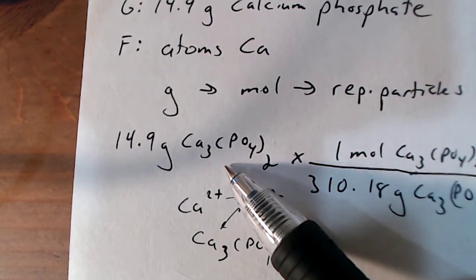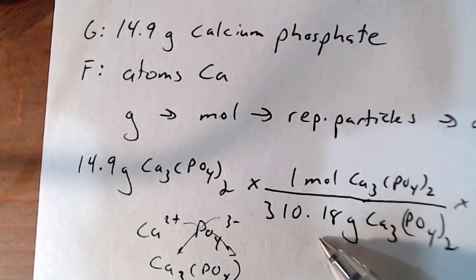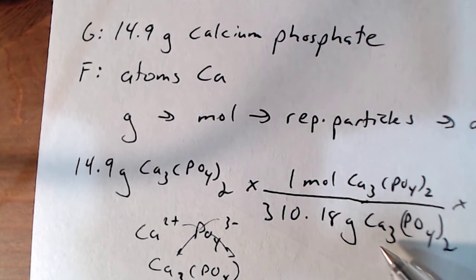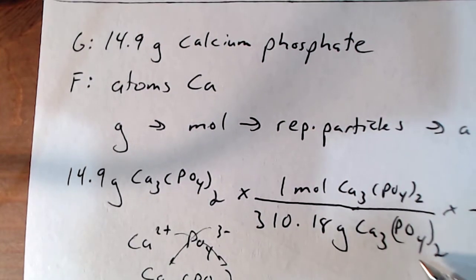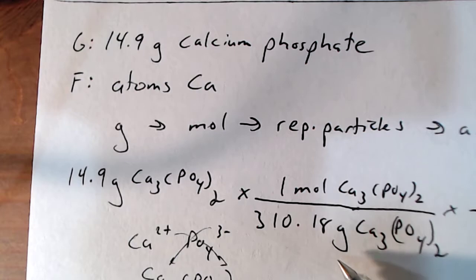So now, to convert from grams of calcium phosphate into moles of calcium phosphate, you need the molar mass of calcium phosphate. On the periodic table, do 3 times 40.08 plus 2 times 30.97 for phosphorus, and 8 times 16.00 for oxygen. And so that adds up to 310.18 grams per mole of calcium phosphate.